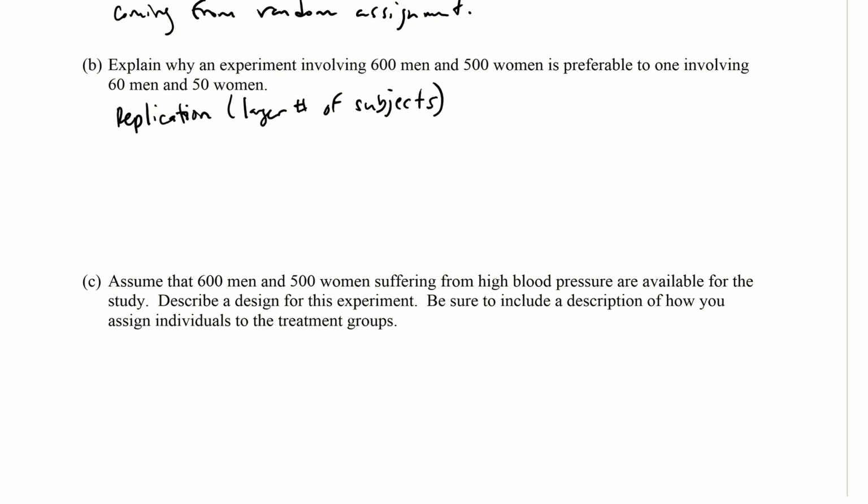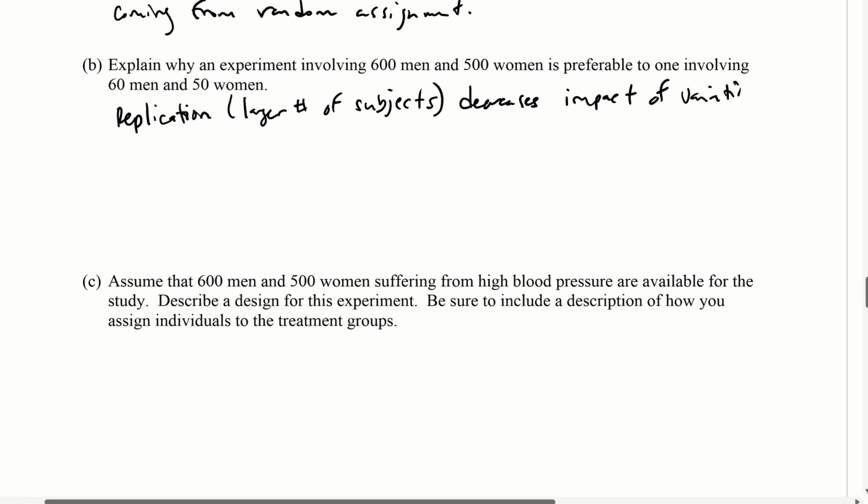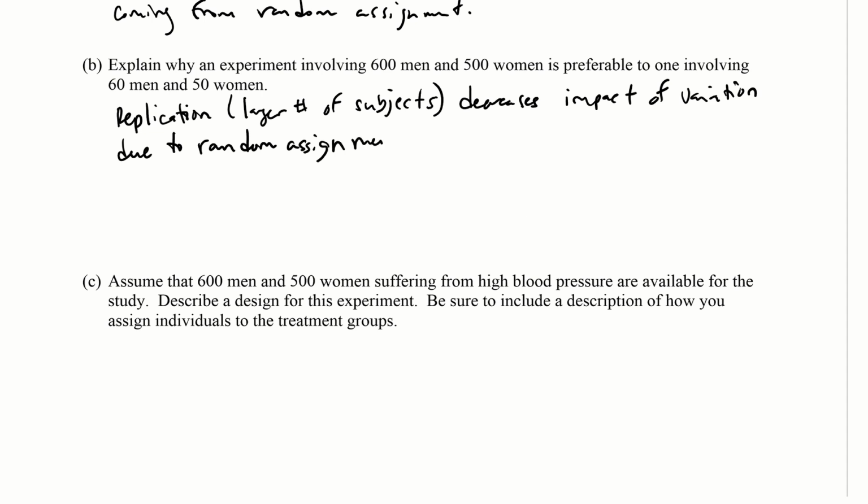So replication decreases the impact of variation due to random assignment, or the differences in the groups, right?